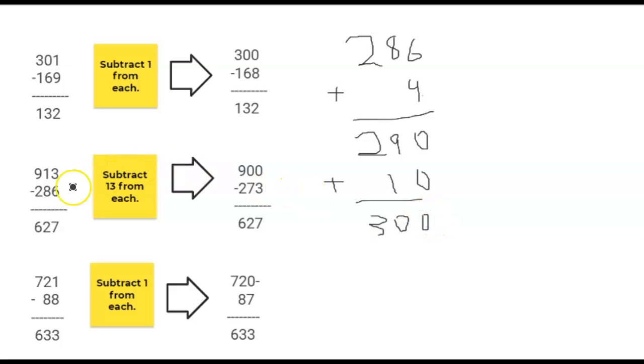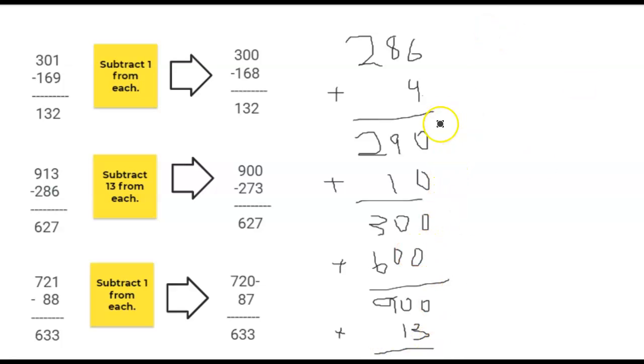And just to remind you, we're looking to get to 913 because we started with 286. If I add 600, that gets me to 900, almost there. And then to get the rest of the way to 913, I add 13. And that gets me to 913.